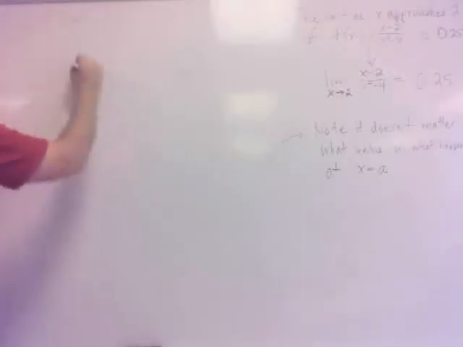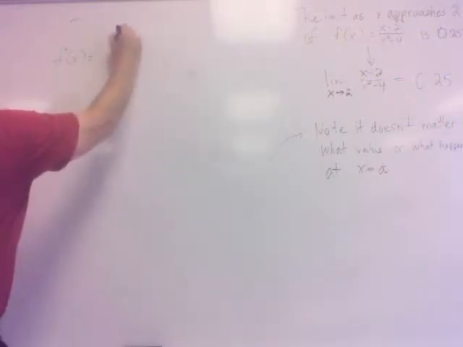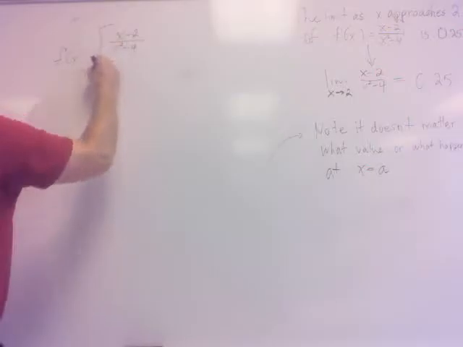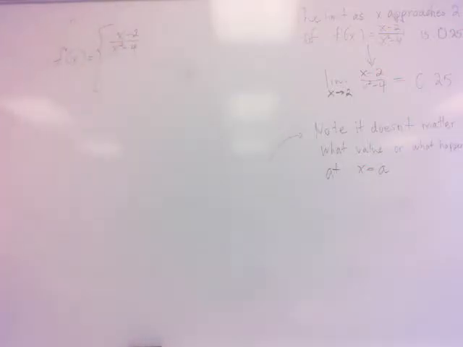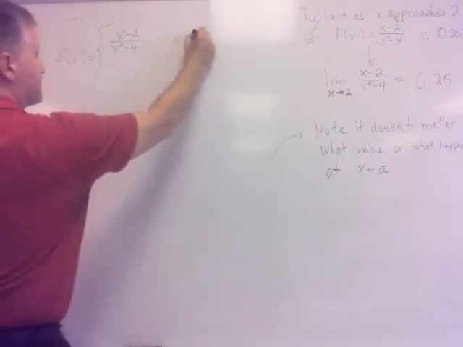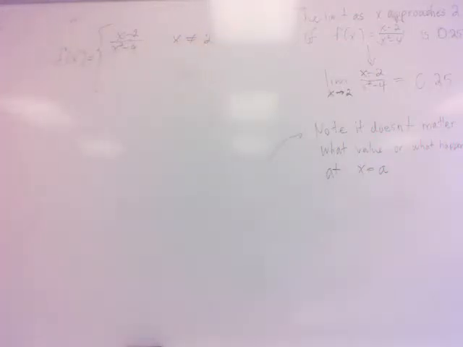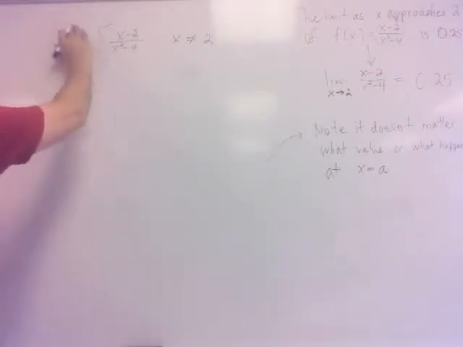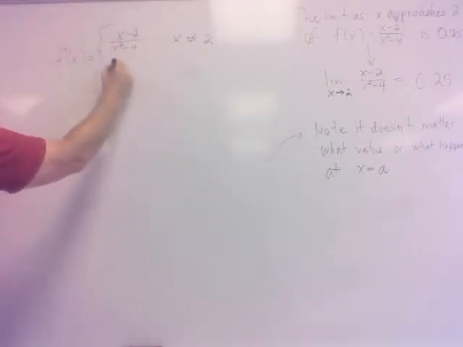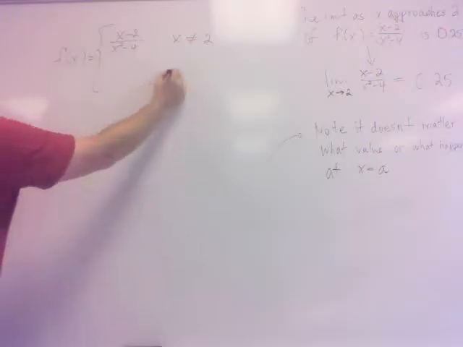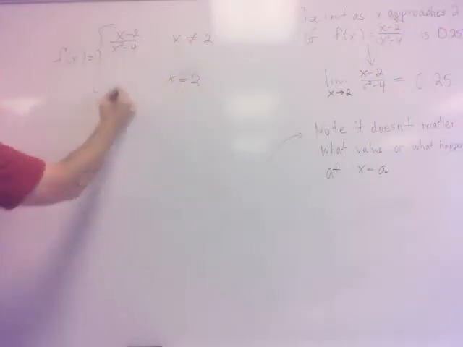Let's say f of x is a piecewise defined function. And the pieces are defined this way. First piece is just like we had, x minus 2 over x squared minus 4. And that's for any x that's not 2. However, if x equals 2, we're going to define it to be 1.